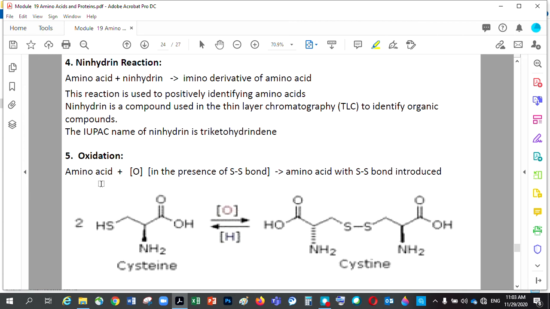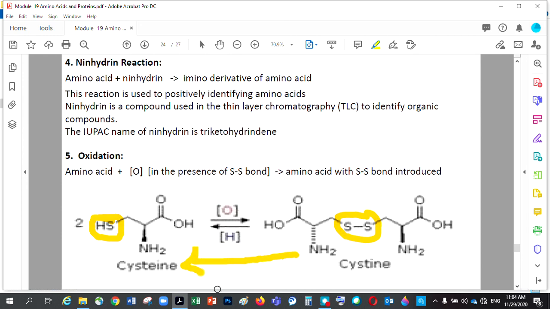Amino acids can be oxidized, correct? An amino acid that has the thiol group, SH, is cysteine. Cysteine can be oxidized, and you can make the disulfide group. You can go back and reduce.